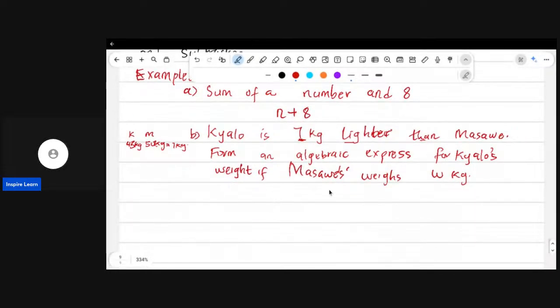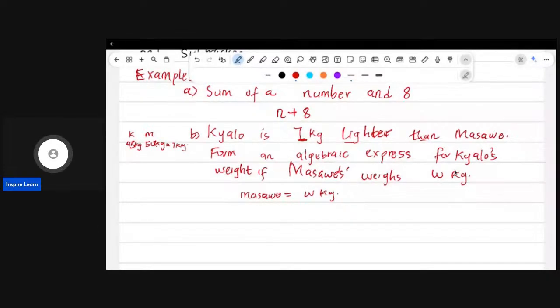Remember, Masawe is W kg, but Kilo is 7 kg lighter.